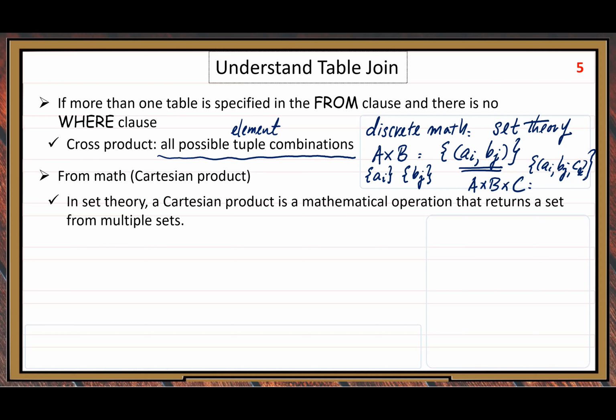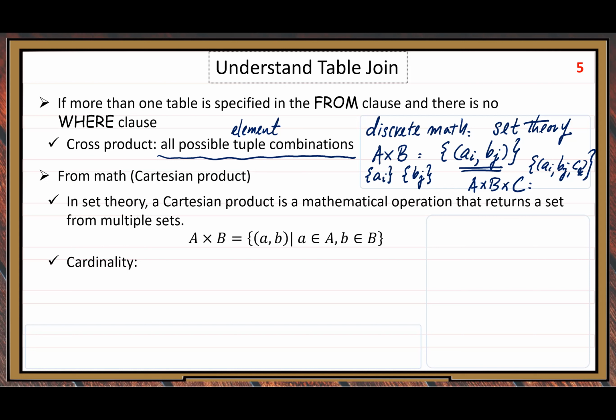Joining 3 is sometimes acceptable, but you should be cautious. Joining 4, try your best to avoid, because it could be very, very slow. So that's the formal definition, A cross B.